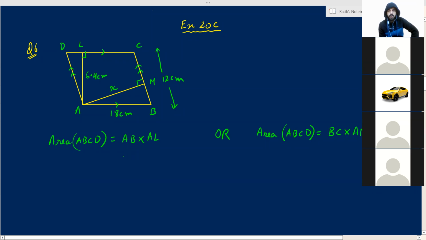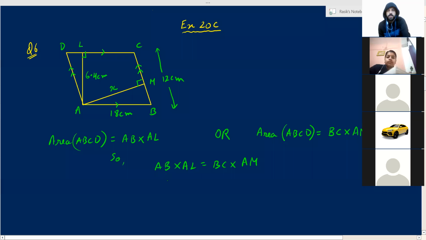So can we say that AB into AL is equal to BC into AM? Can we say this? Yes, sir. What is the length of AB?